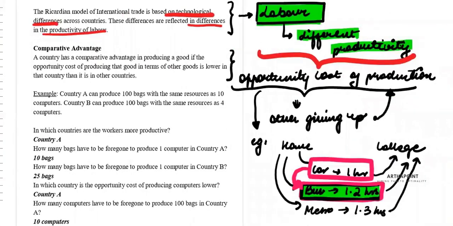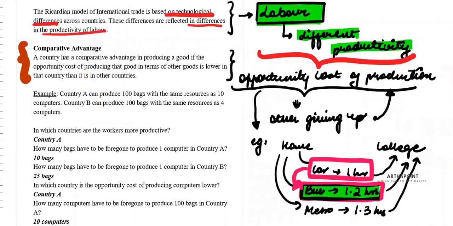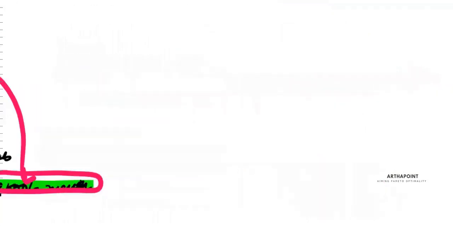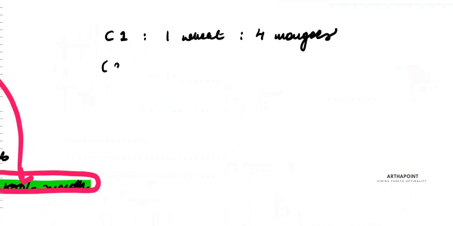So what is comparative advantage doing? Comparative advantage is basically saying that we are going to check the opportunity cost of producing the good. And wherever you have a lower opportunity cost of producing that good, you're giving up less of the other good. So for example, let's say that country one, when it produces 1 wheat, has to give up 4 mangoes. And country two, when it produces 1 kg of wheat, has to give up 6 mangoes.